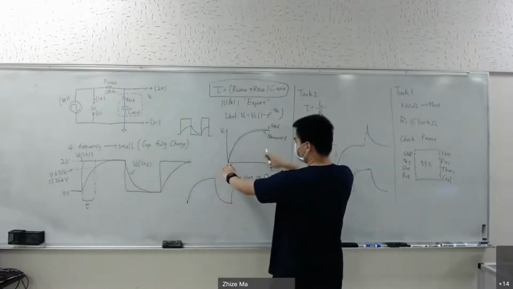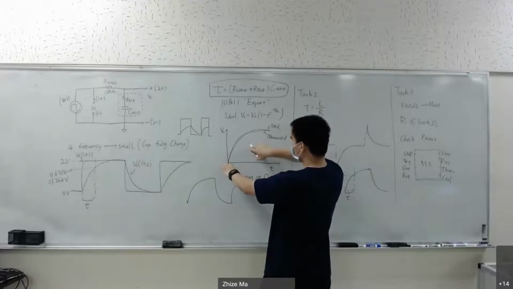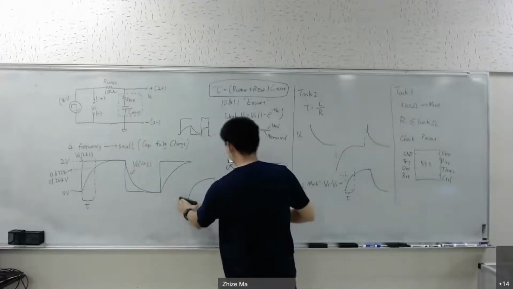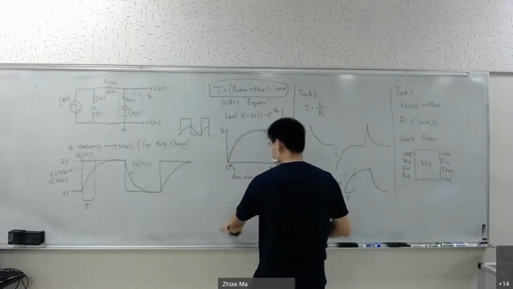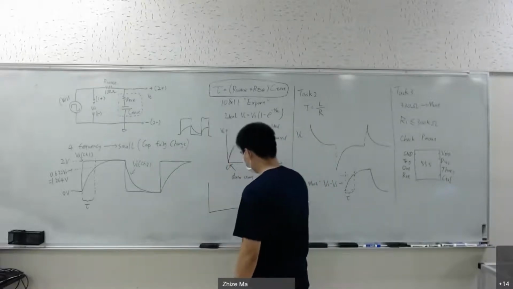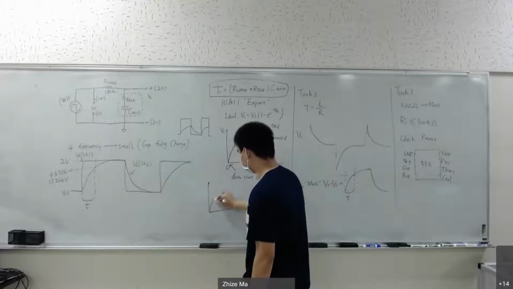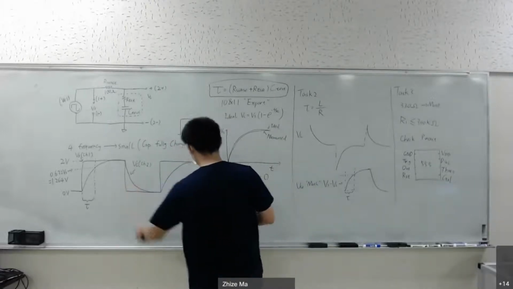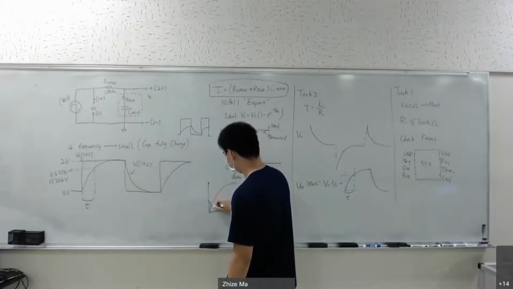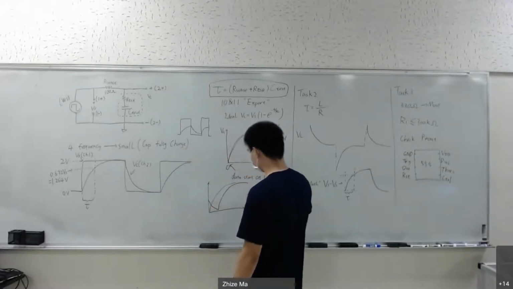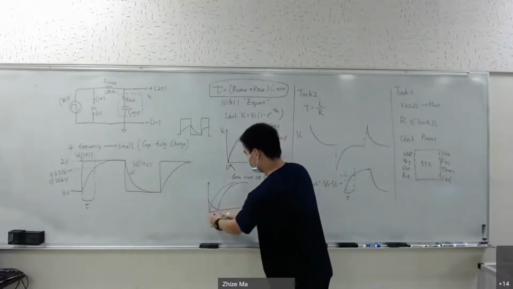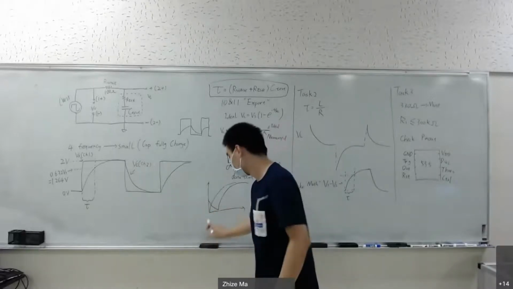In that case, when you have two plots together, you can compare them with each other. If you don't start at zero, for example, this is the ideal plot, but if you start from here, then what you have is something like this. So you cannot compare the ideal plot and the measured data, because you want to make sure they start at the same point, at zero.